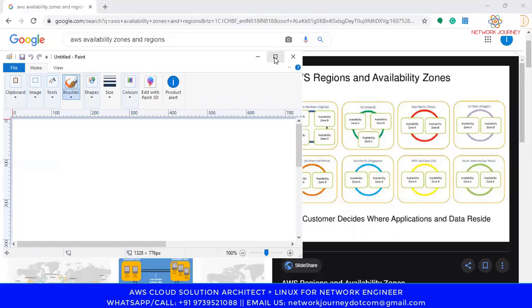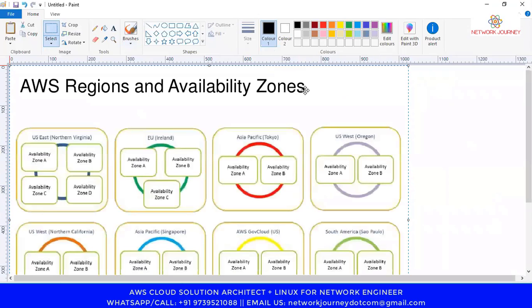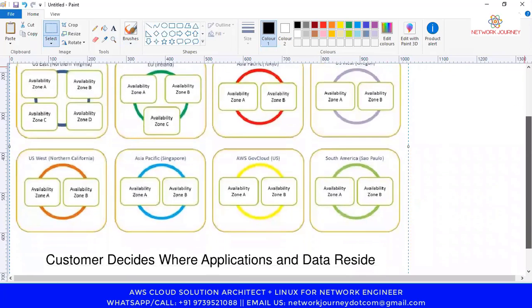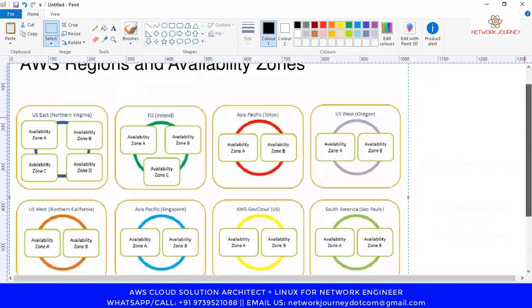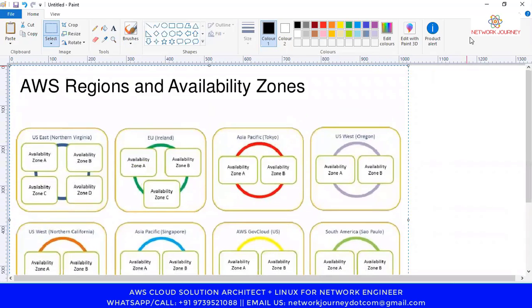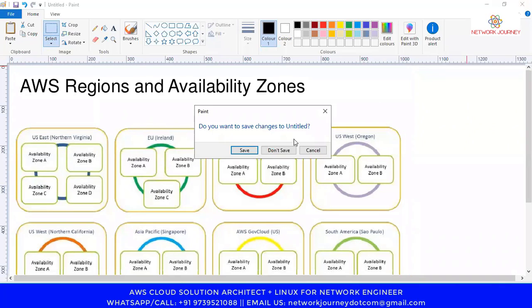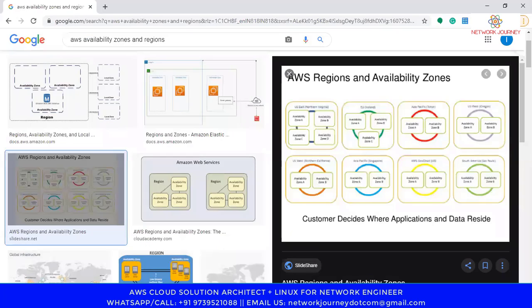These are the localities where they have their data centers, and from there only we are receiving the cloud services. That's the reason I said this kind of data center is what I compared in my diagram.